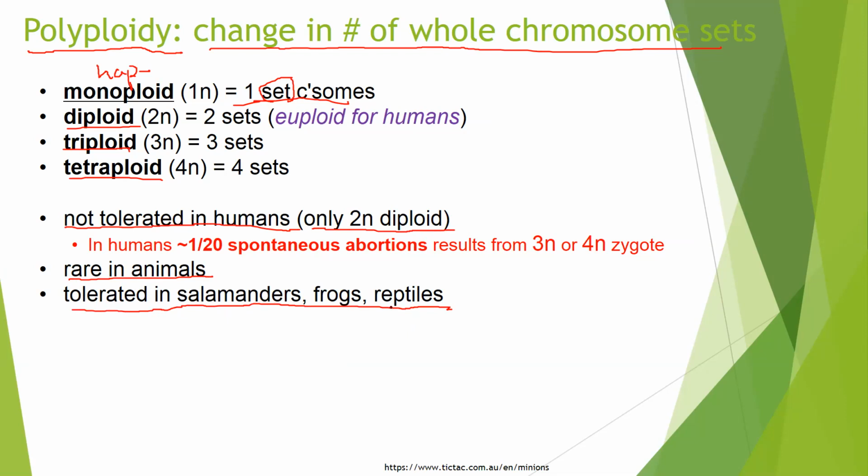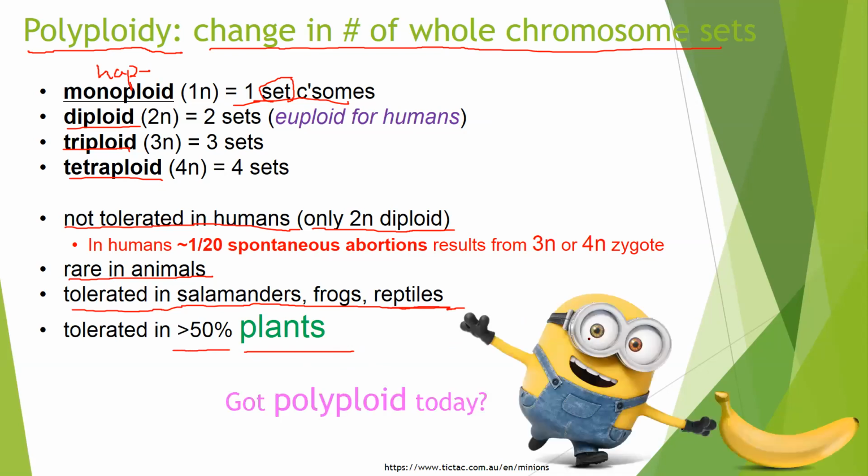For example, in frogs and reptiles, sometimes they can survive if they have more than 2 copies of their chromosome sets. But this is very common in plants. More than 50% of plants can tolerate more than 2 sets of chromosomes. For example, banana has 3 copies, 3N, triploid.